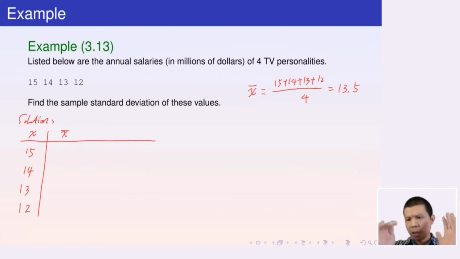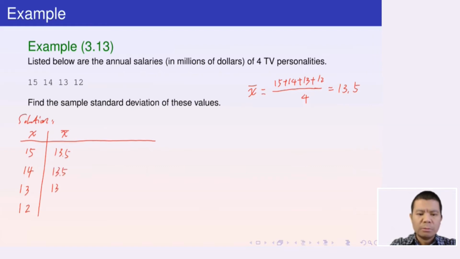If it is a long decimal, then you want to make it as accurate as possible, or simply use a fraction. So let's just put 13.5 here for the mean: 13.5, 13.5, 13.5, and 13.5. I'm going to just put all the x bar here.